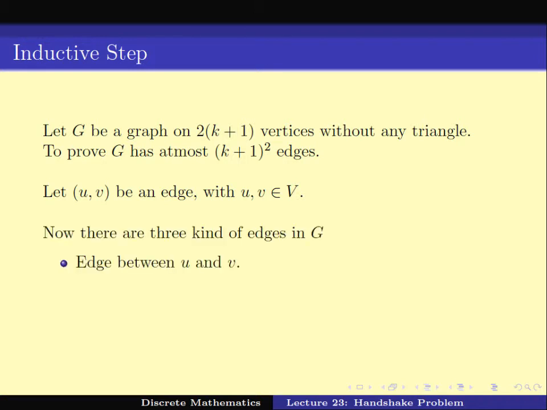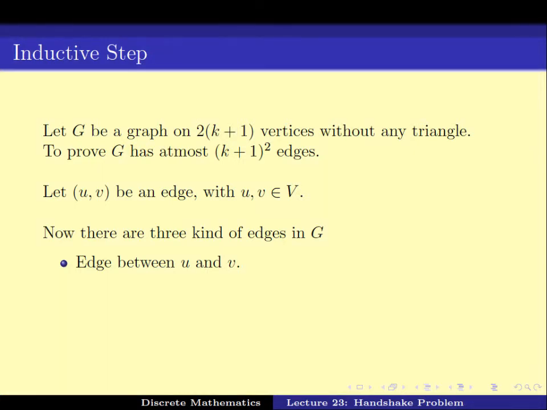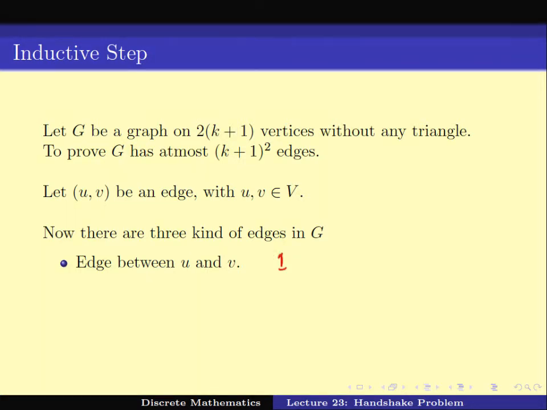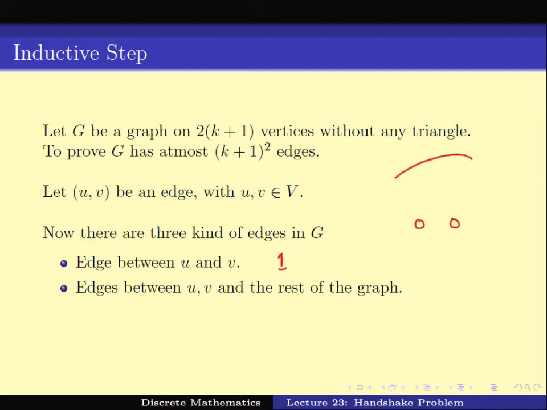Now, there can be 3 kinds of edges in this graph. Number 1, the edge between u and v. There is only one such edge, of course, 1 or 0, and since we have assumed that there is an edge between u and v, that's an edge. If this is the graph G, this is u, this is v, there can be 3 kinds of edges. Number 1 is this edge.